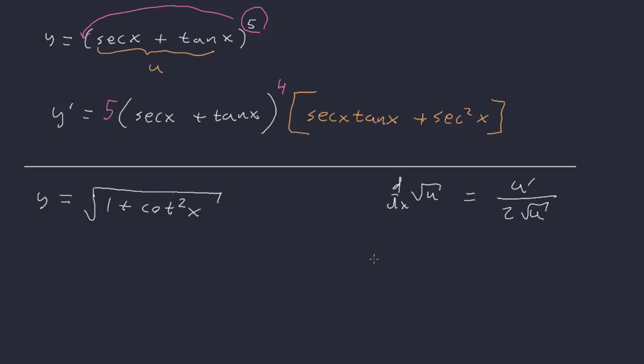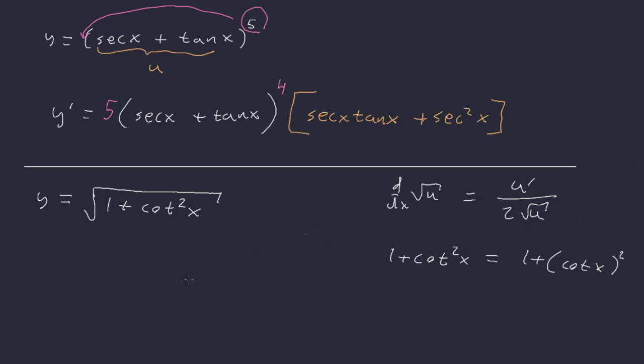Now, something to keep in mind though, the 1 plus cotangent squared x is the same thing as writing 1 plus cotangent x all squared. So whenever you have the cotangent squared x, we can either think of this as a product rule within a chain rule or a chain rule within a chain rule.